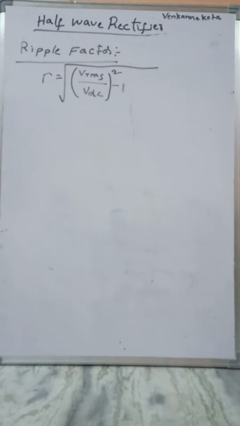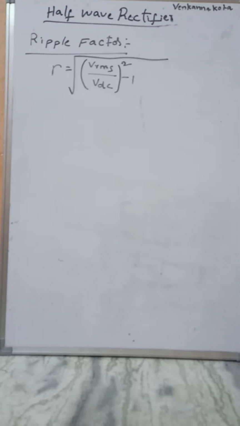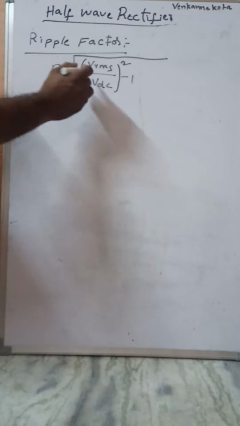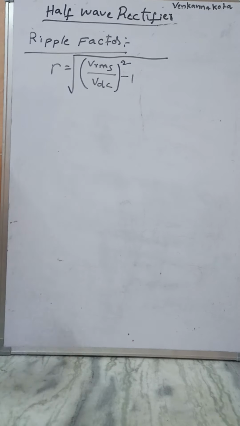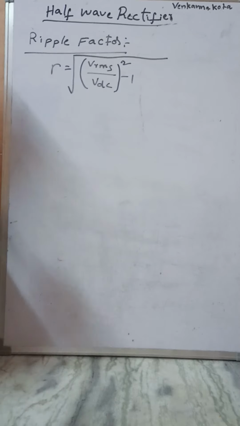Now I want to determine the ripple factor of a rectifier. The formula for the ripple factor is square root of (Vrms by Vdc) whole square minus 1. This is the basic formula of ripple factor.